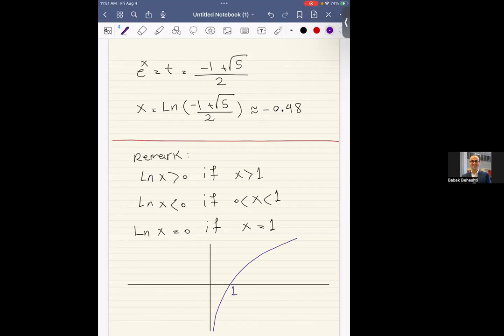You see, for x equal to 1, it's 0. X greater than 1 is positive, right? Here is positive. X less than 1, it's negative.